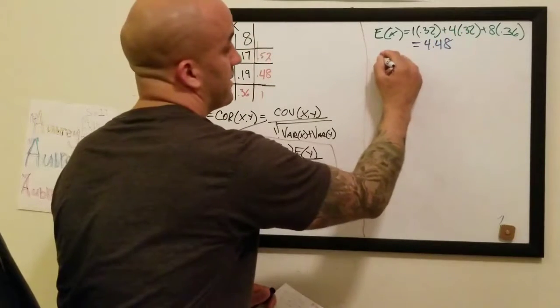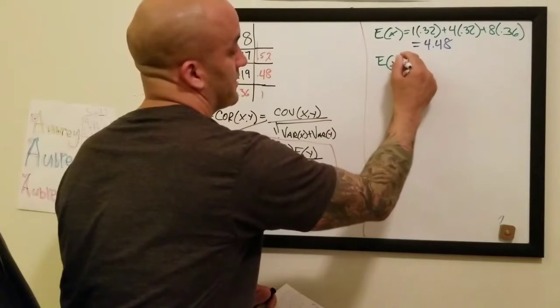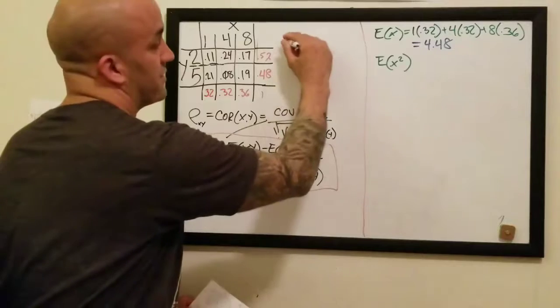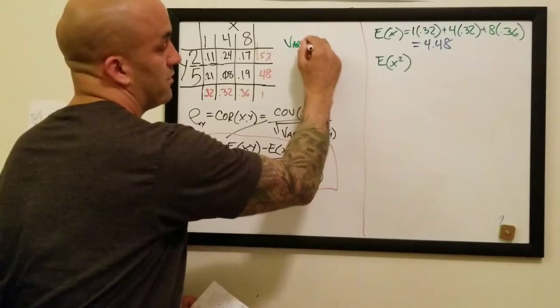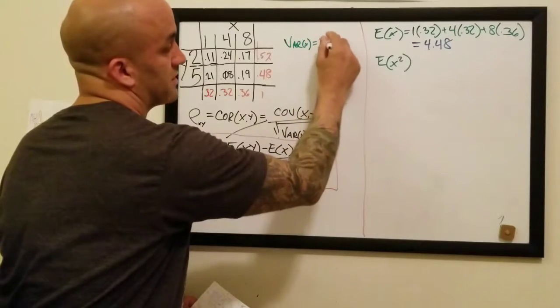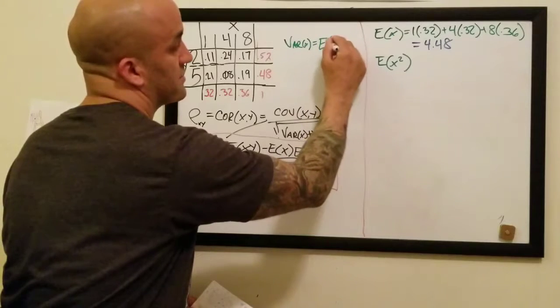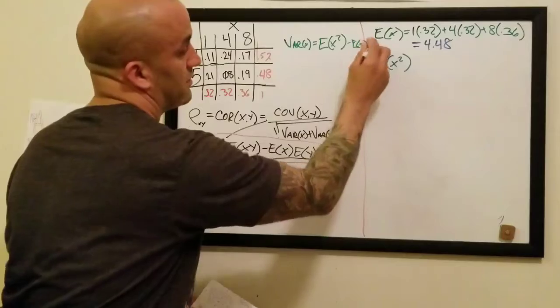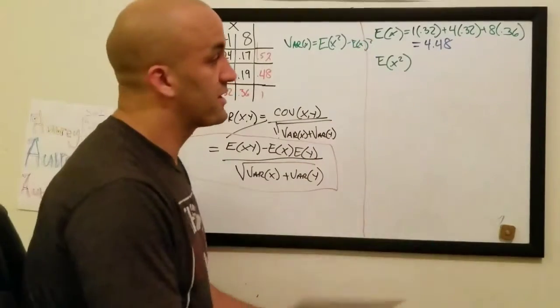And since we're sitting right here already, let's do our expected value of x squared, right? Because we're going to have to compute our variance. We have that variance computing formula, which is equal to the expected value of x squared minus the expected value of x, squared. So let's just compute our x squared.